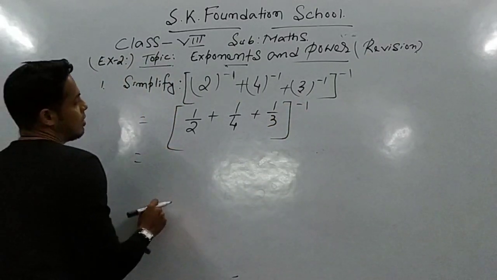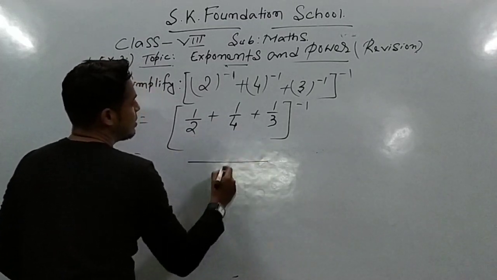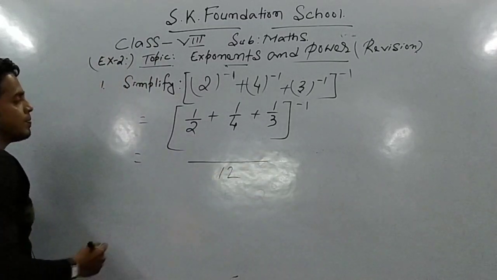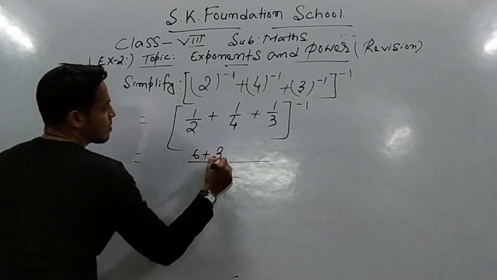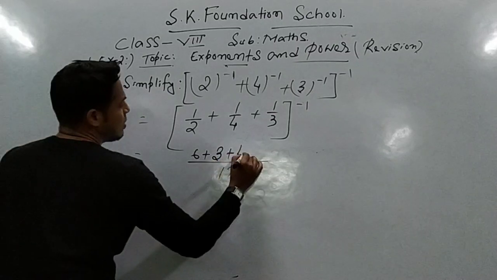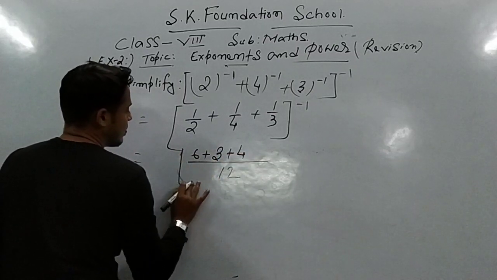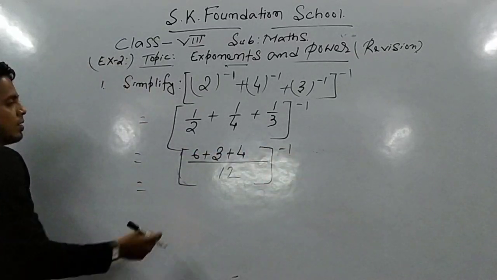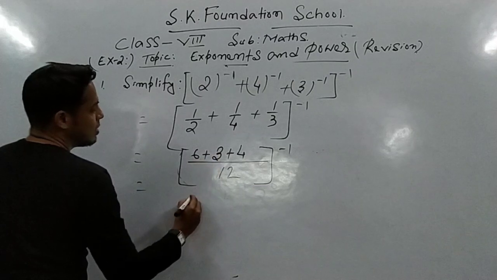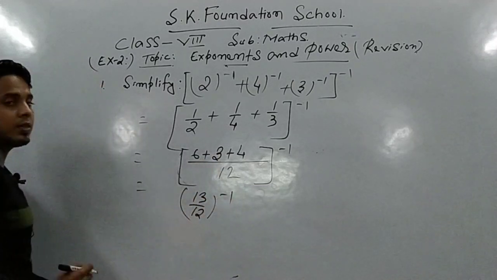Next we take the LCM of 2, 4 and 3, which is 12. This one 6, 3 and this one 4, whole to the power minus 1. So 6 plus 3 plus 4 is 13. 13 by 12 to the power minus 1, right.